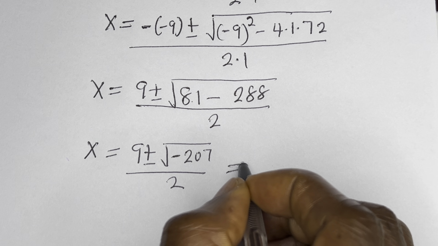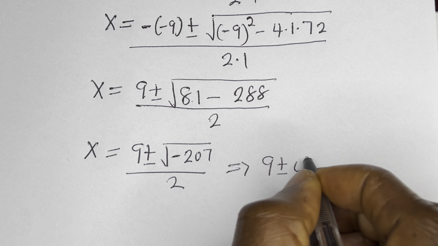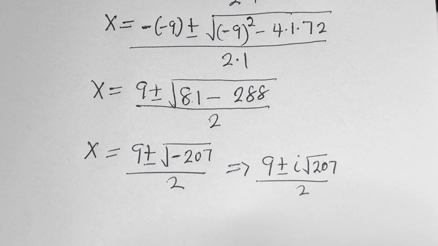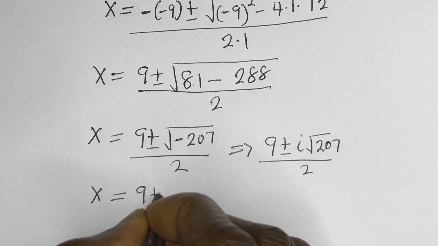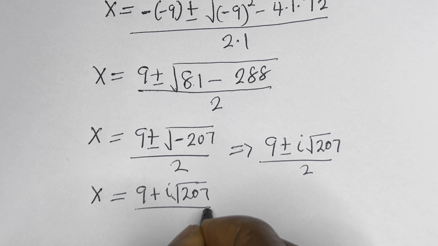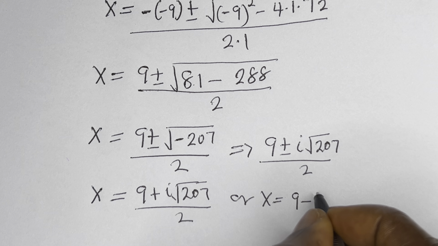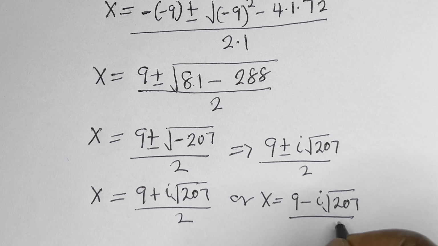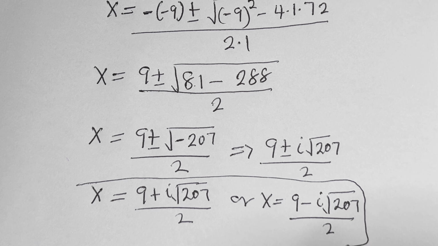And this is the same thing as 9 plus or minus i square root of 207 over 2. Then s will be equal to 9 plus i square root of 207 over 2, or s is equal to 9 minus i square root of 207 over 2. These are other values of s.